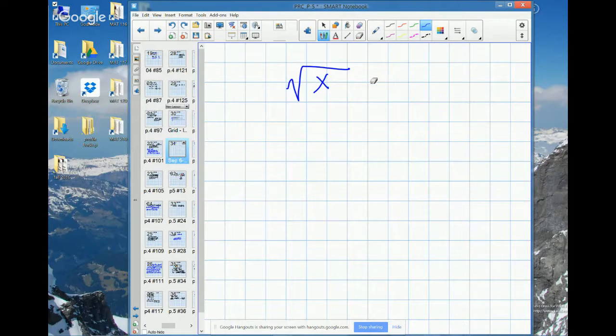Hang on, that's not what I meant. What I meant is to have something like this. As you know, in the real numbers we can't take a square root of a negative.